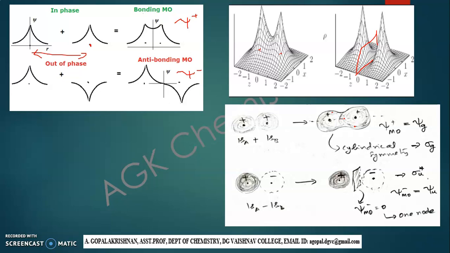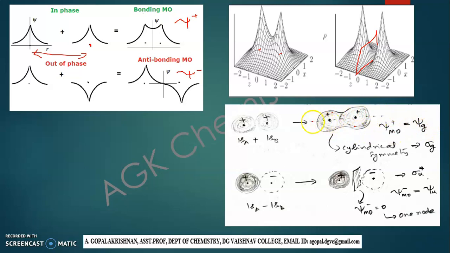Therefore we can say that this molecular orbital is symmetric with respect to the center of inversion, so you can call it a gerade molecular orbital. Instead of representing this as the psi plus MO, I can simply say it is psi g. Psi g is the gerade state of the system. So the ground state molecular orbital is gerade.